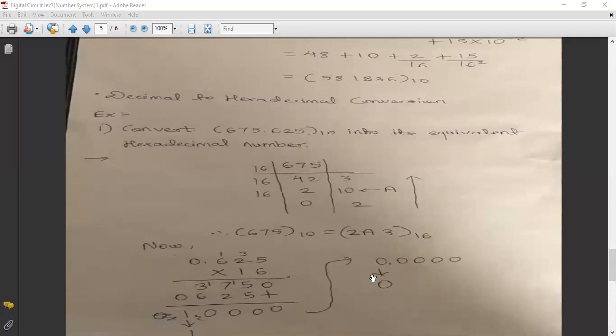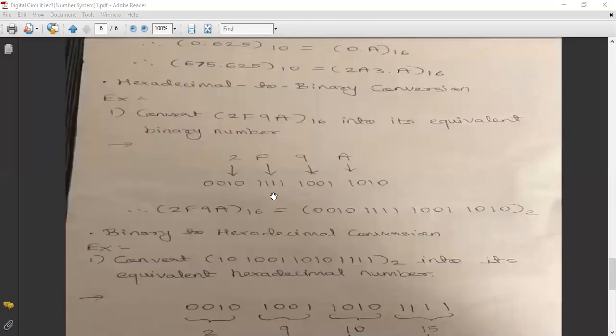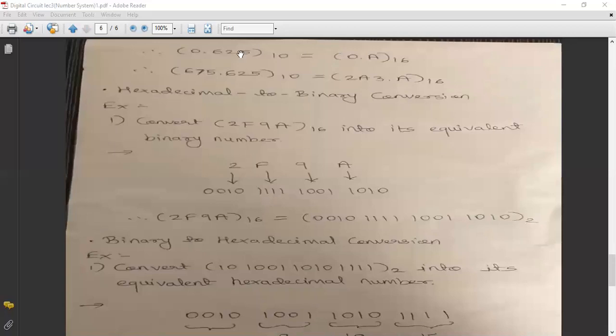The remaining part is 0. So basically I got A for the fractional conversion in the hexadecimal form. Therefore, the 0.625 to the base 10 is nothing but 0.A to the base 16. And therefore, the 675.625 to the base 10 is now converted into 2A3.A to the base 16.